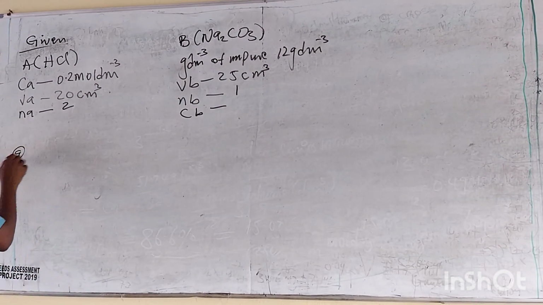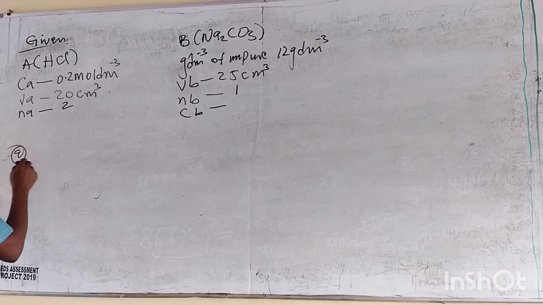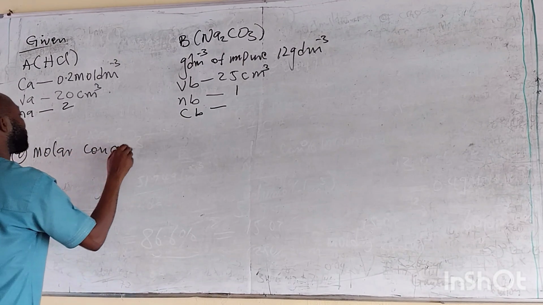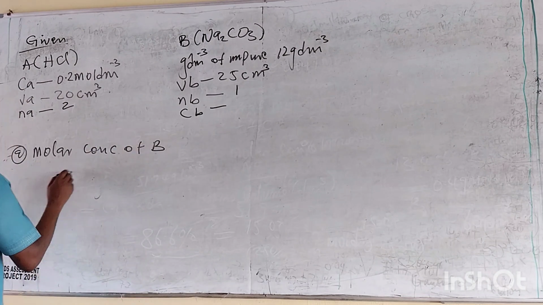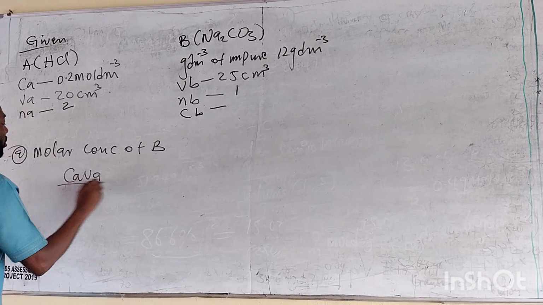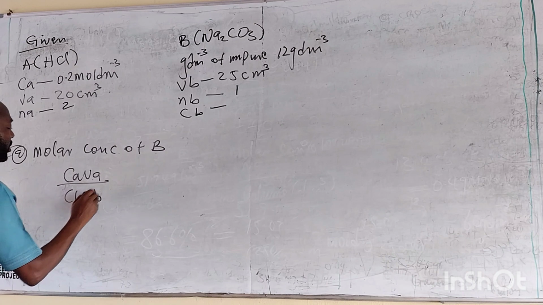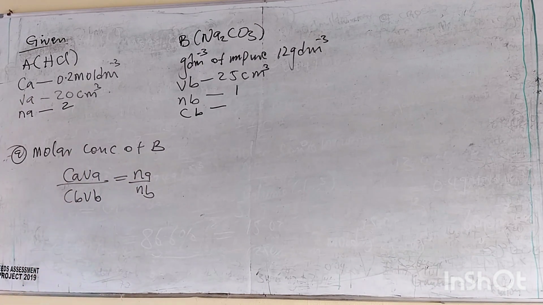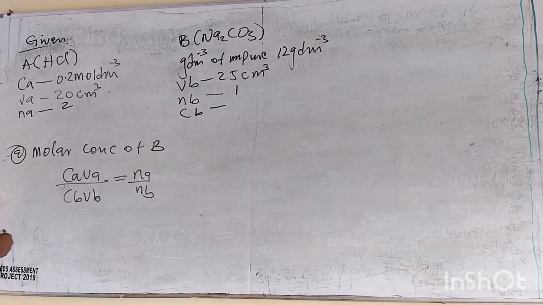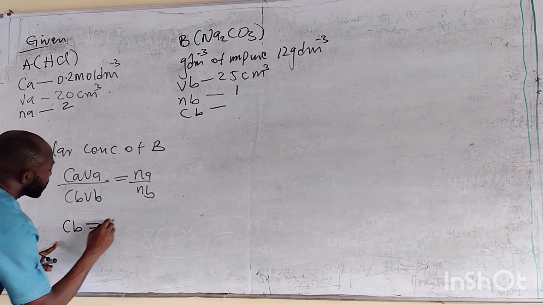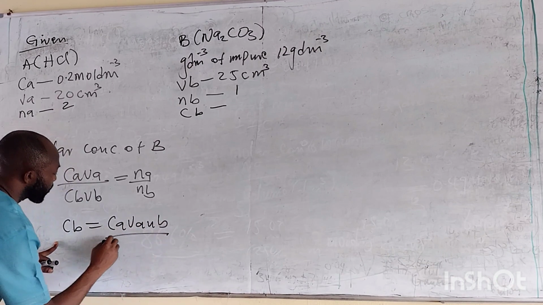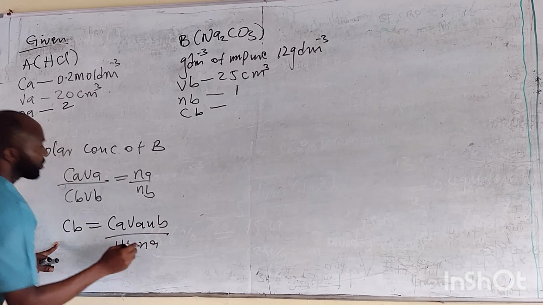Okay, let's call it A. Molar concentration of B. We use the formula CAVA over CBVB equals to Na over Nb. CB is what we're looking for. So CB is equals to CAVANB over VBNA.